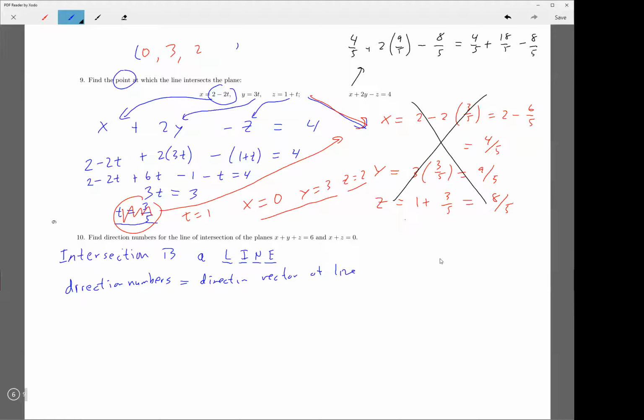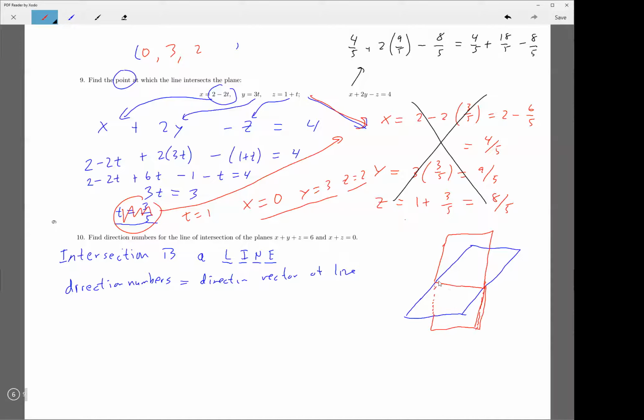Dang, I'm not really good at drawing, but I would like to draw, let's say, here's my first plane right here. And then if I have another plane, maybe they intersect right there, like that.